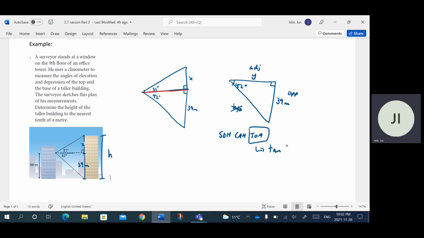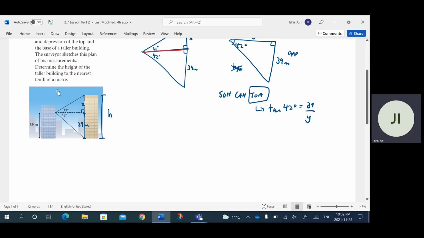I'm going to set up the equation. Tangent of 42 degrees equals opposite, which is 39, over adjacent, which is y. There's our equation. I'm going to cross multiply, so we get y times tangent of 42 degrees equals 1 times 39.